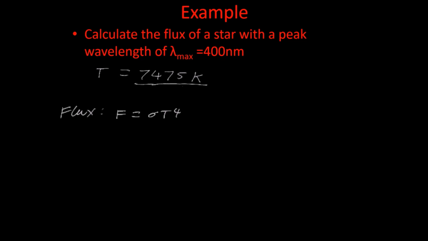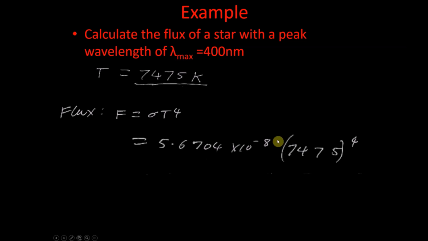The flux is sigma T to the 4. Substitute in for sigma, substitute in for temperature. You'll get 177 times 10 to the 6 watts per square meter, or 177 million watts. Which is a lot. But then again, we are discussing a star here.